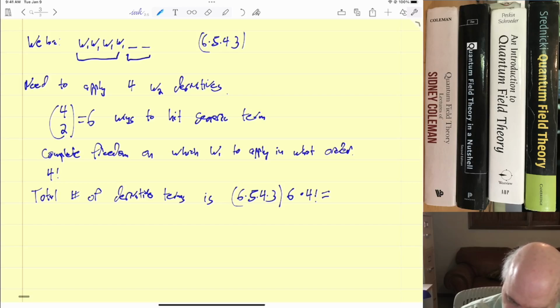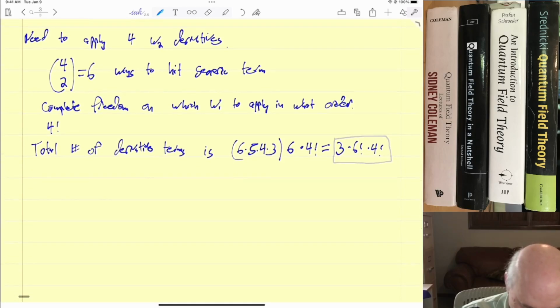And this is equal to 3 times 6 factorial times 4 factorial. I take a 2 from the 6 to make that 6 factorial, so I'm left with that. So this is the number of terms that we get, if we just brute force work out the derivatives.